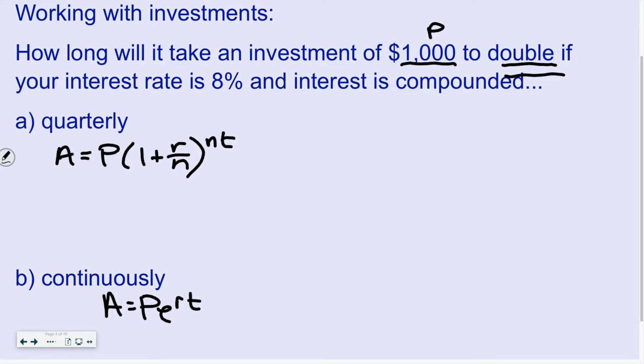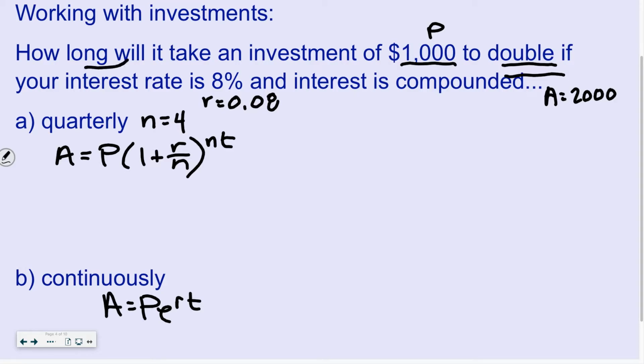You get 2,000, and that represents A, the amount in your account. That's the amount you'd like to have at the end. And then your interest rate is 8%, which is outrageously good and probably unrealistic. So it's going to be r equals 0.08. It's compounded quarterly, so that gives us another value, n equals 4.